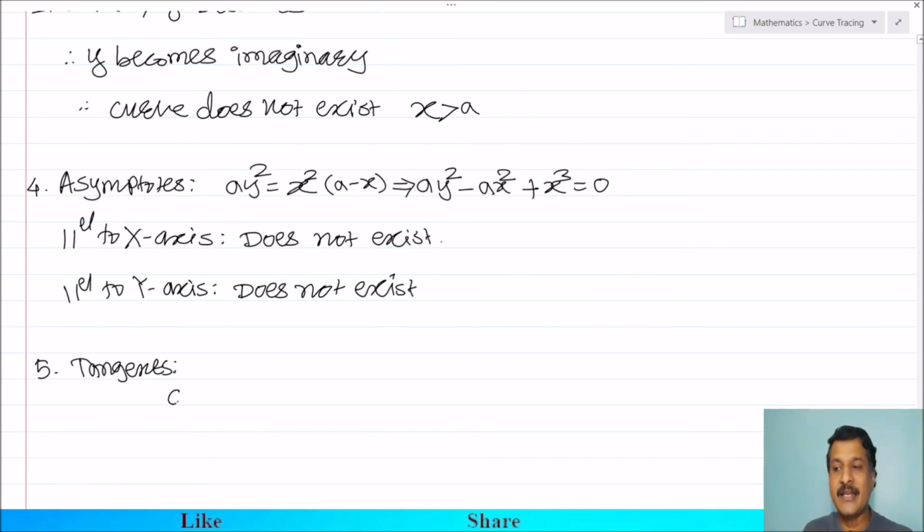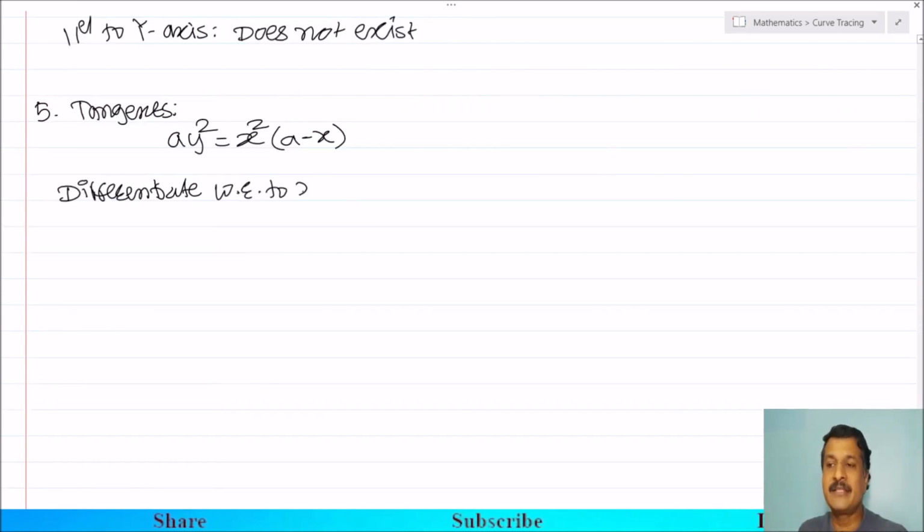You consider again the equation of the curve: a y square equals x square into (a minus x). Differentiate with respect to x.